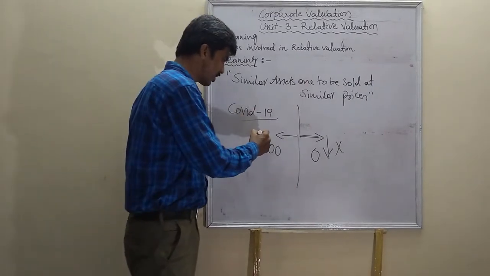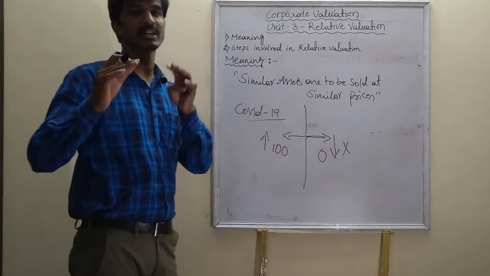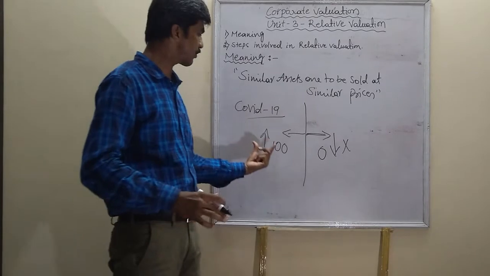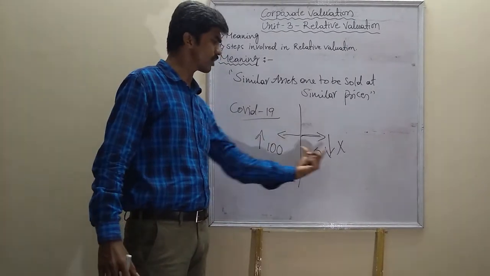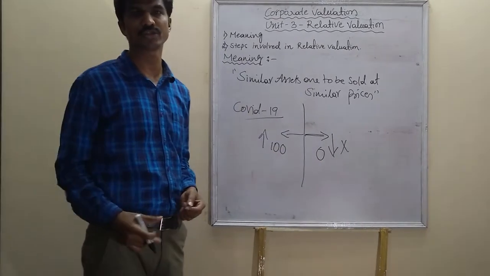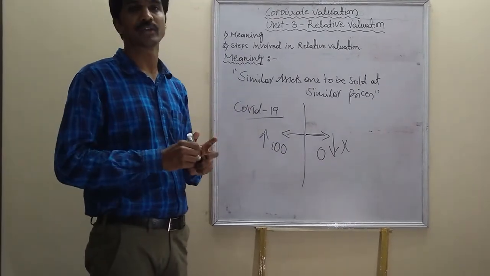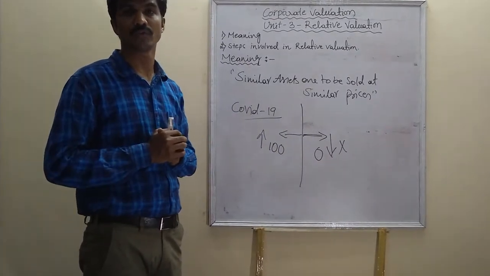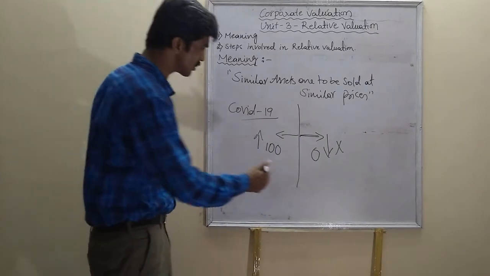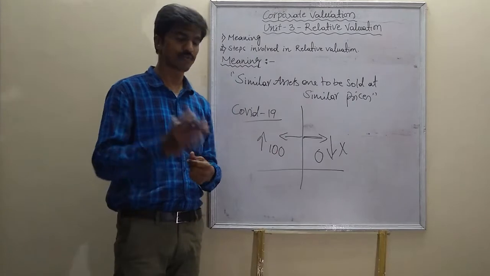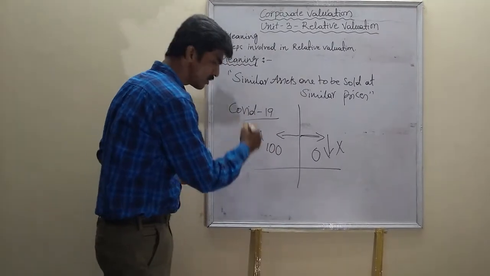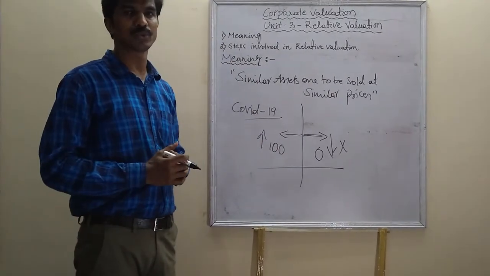For that reason, if I simply consider cash inflow as the base for assessing my firm, certainly it's going to be very wrong. This is the best example, the current situation that we can take, and we can use it for valuing firms. At the same time, you can ask me one more question: how can you sustain with relative valuation? For example, you have a flat owned by you.